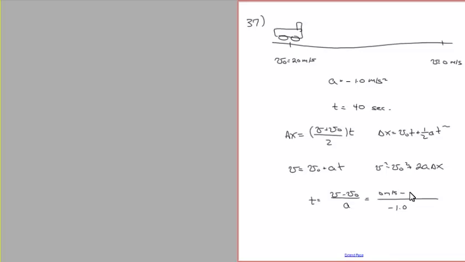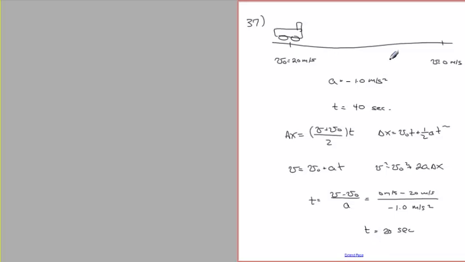So 0 meters per second minus V0, which is 20 meters per second, that's the initial speed. I know I did it wrong because I was getting a negative time. You never get negative times. Okay, so if you take negative 20 divided by negative 1, you get 20 seconds.